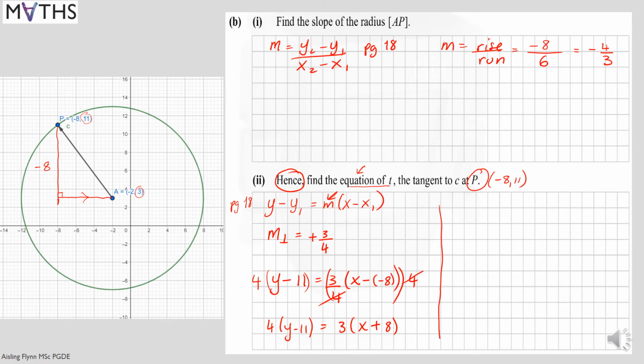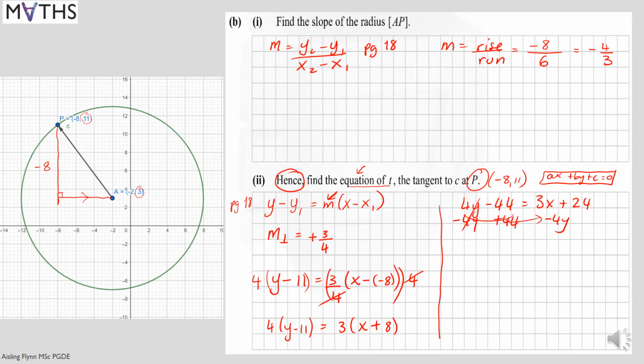Moving to the right here, multiply your brackets: we get 4y minus 44 equals 3x plus 24. I think we'll go with the representation ax plus by plus c equals 0 for this form of a line. I'm going to move everything from the left over. So we'll take 4y from both sides.